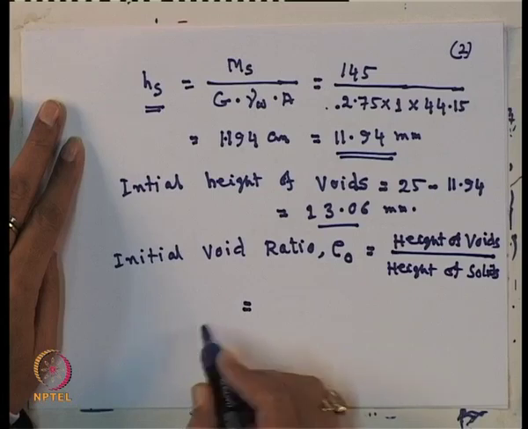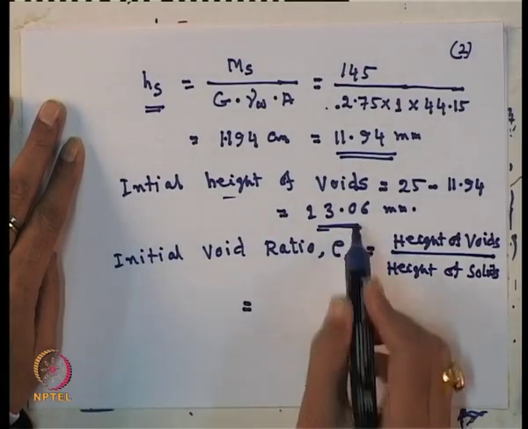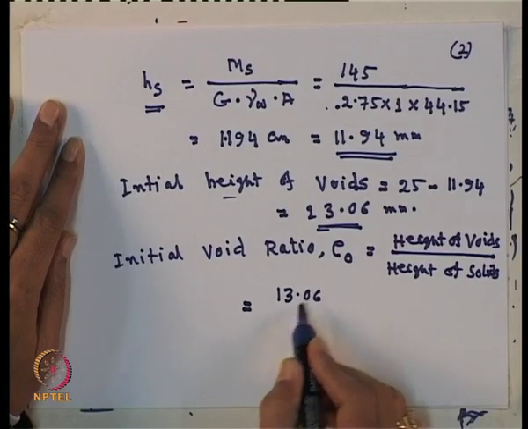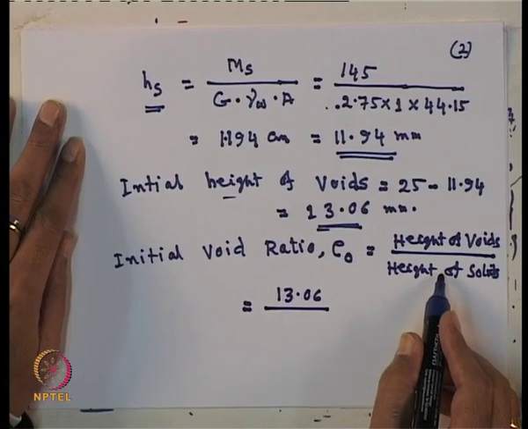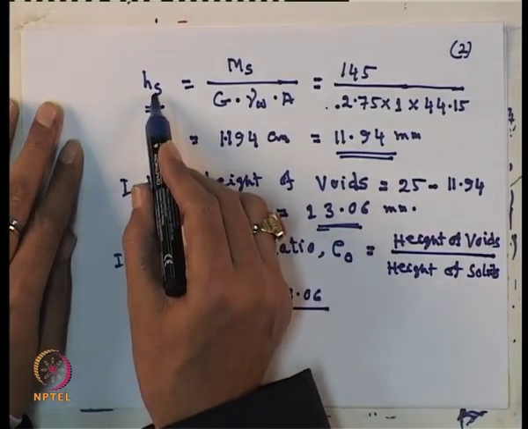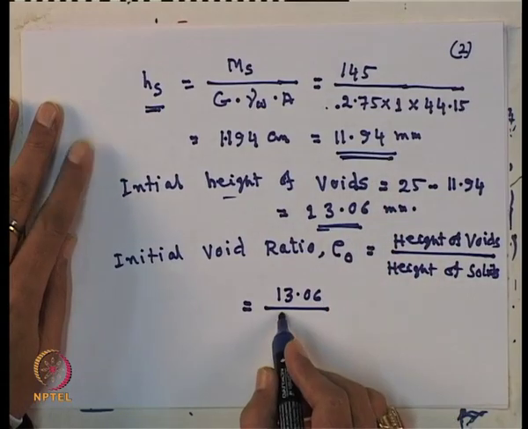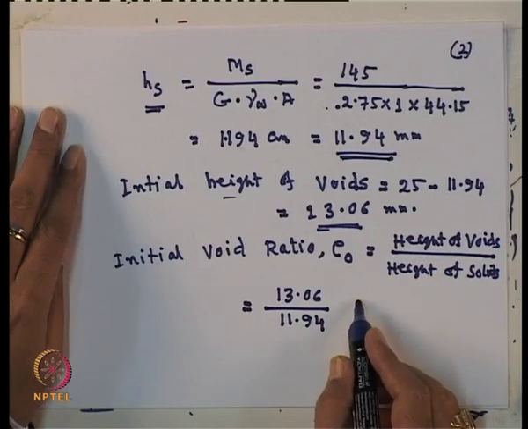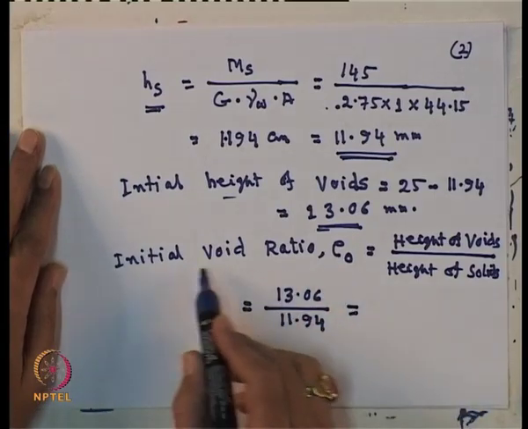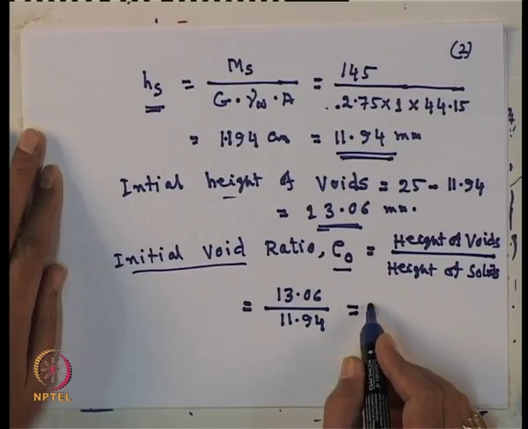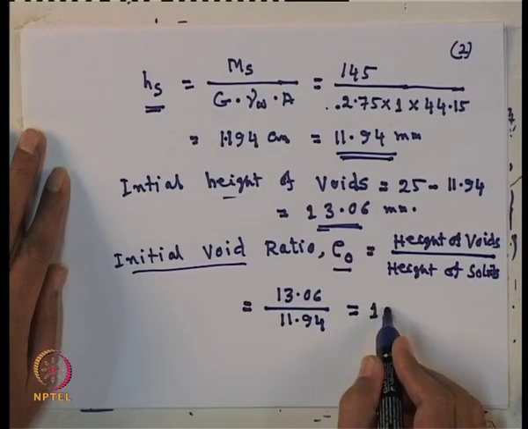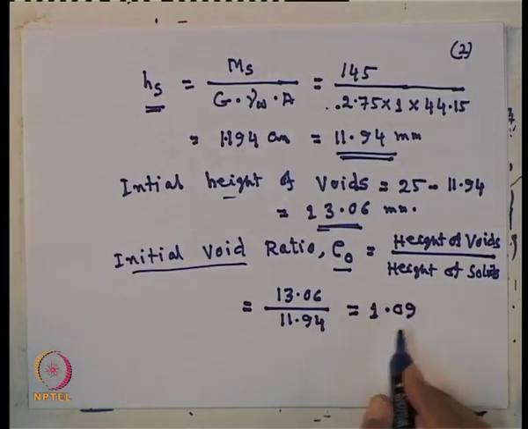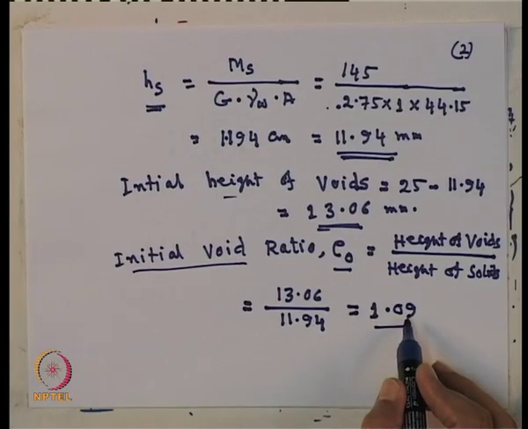The height of the void is 13.06, so we can write 13.06 divided by the height of the solid, which we calculated as 11.94. So, if you calculate, then you can have the initial void ratio e_0, that will be 1.09. So, you can calculate the initial void ratio, that is 1.09.